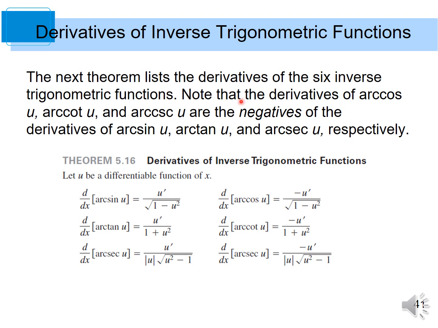Note that the derivatives of arc cosine u, arc cotangent u, and arc cosecant u, on the right side, are the negatives of the derivatives of arc sine u, arc tangent u, and arc secant u on the left side. The formula is the same, just the right side for these three functions has a negative.